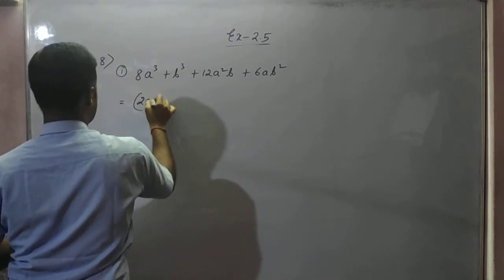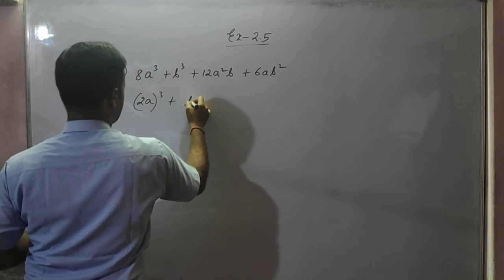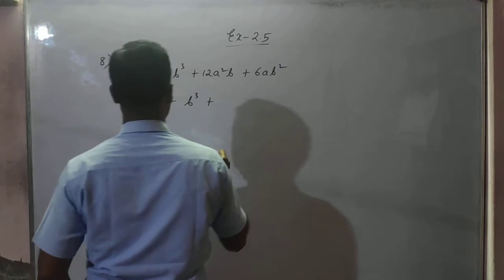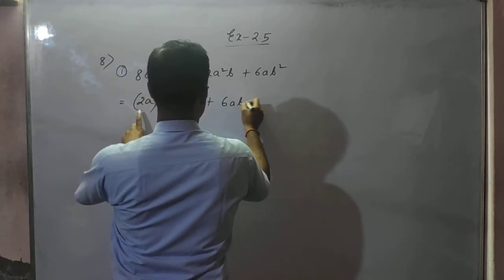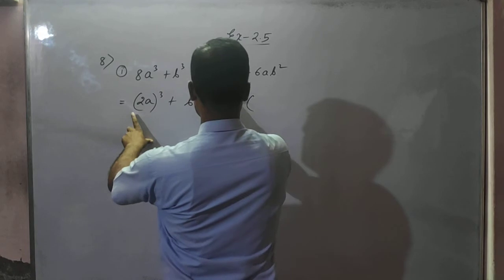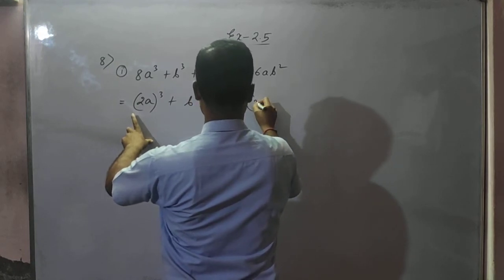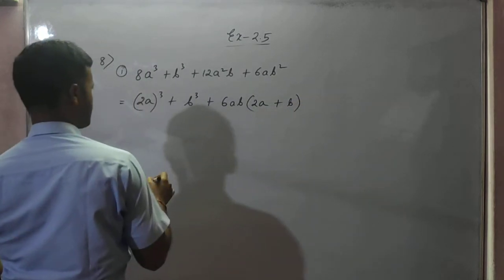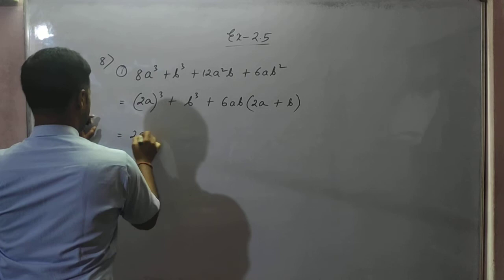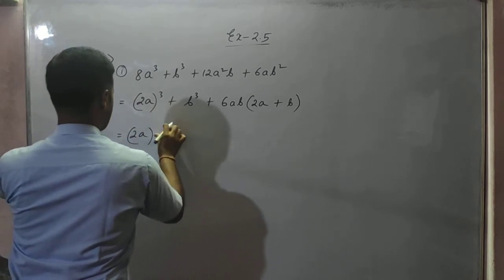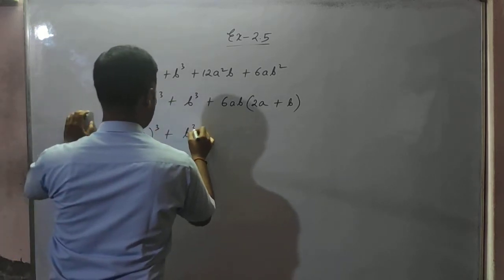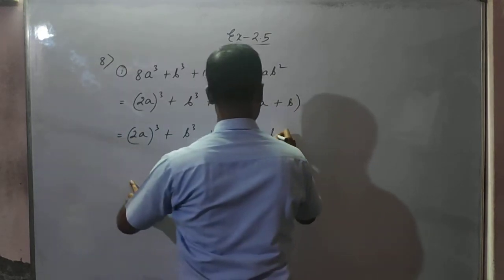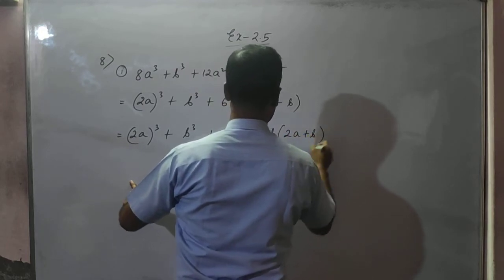So friends, let us factorize. Plus b cube plus 6ab. 6ab common, if I take the value 2a, so 2a whole cube plus b cube, 3 into 2a into b, 2a plus b.